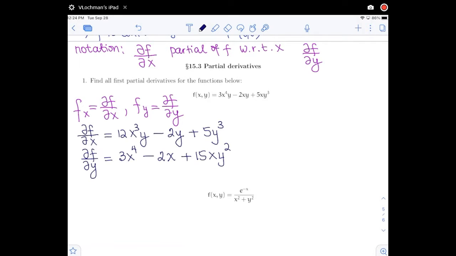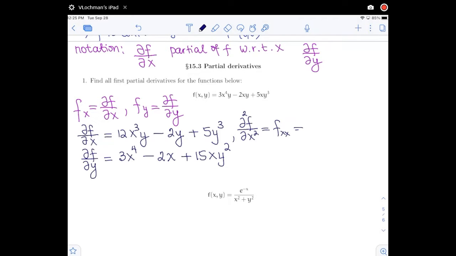All good? Okay, let's go ahead and find the second derivative with respect to x. What does that look like? ∂²f/∂x², that's the notation. Also, you will see textbooks using f subscript xx. Same idea though. I'm going to differentiate my first derivative with respect to x. y is still treated as a constant.